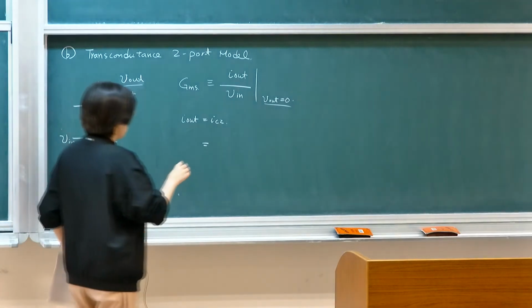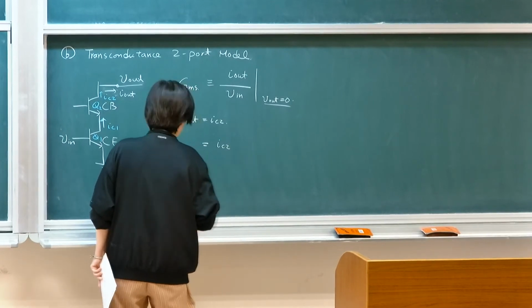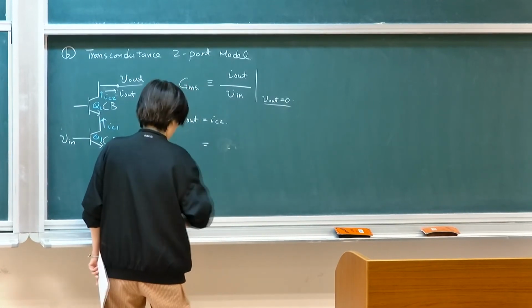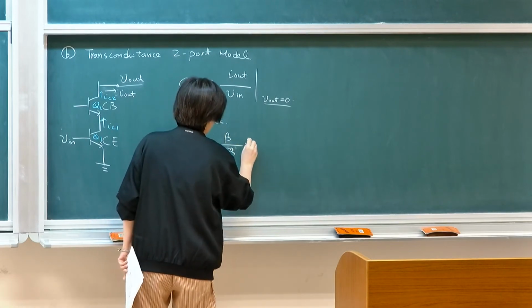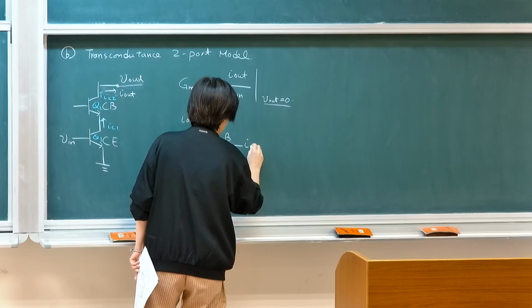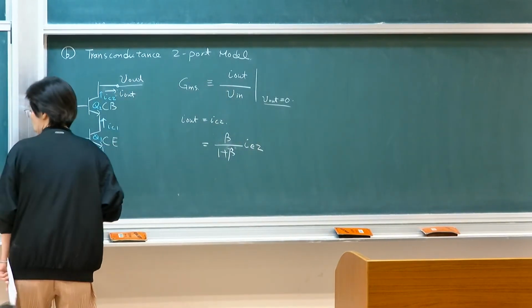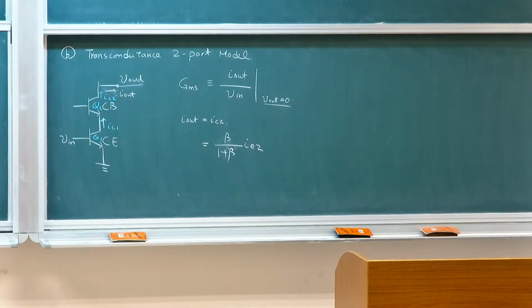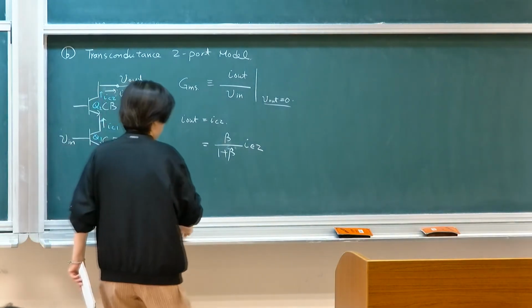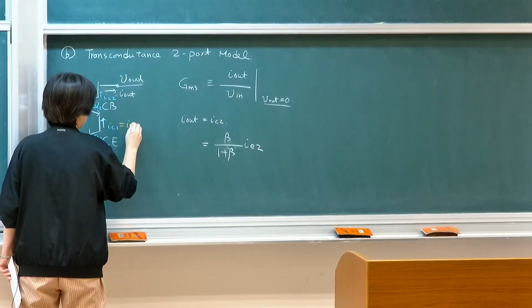So the ratio between the two is, let me write it this way, IC2 equals beta over 1 plus beta times IE2.